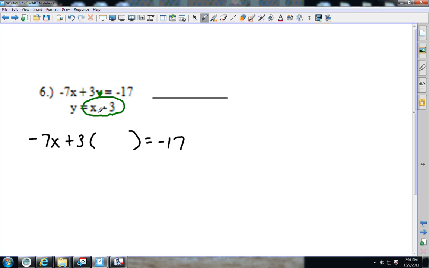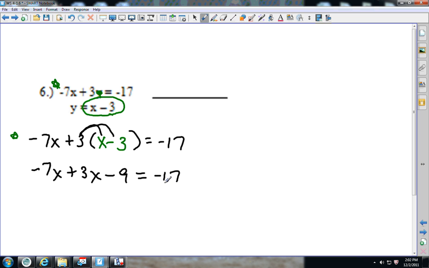Instead of the y, I'm going to put in there x minus 3. So this equation and this one are the same, except I just took away the y. So now I only have one letter. I have negative 7x. That just comes straight down. 3 times x. 3x. 3 times negative 3 is negative 9 equals negative 17.